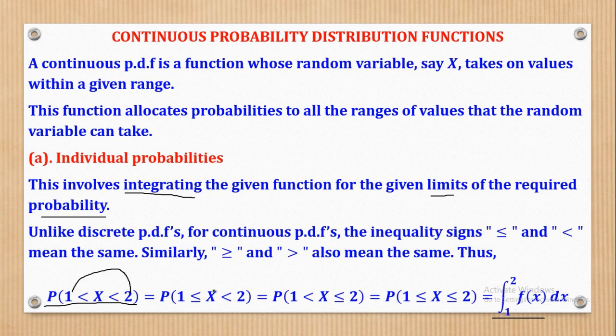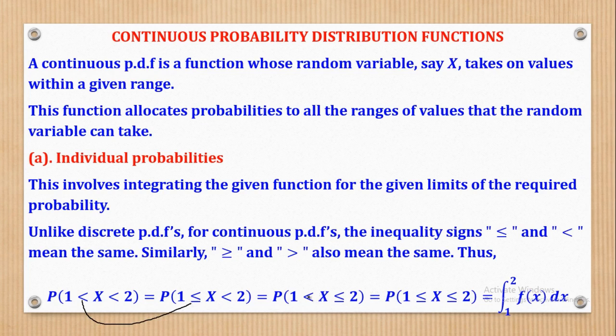Similarly, for x greater than or equal to 1 but less than 2, you still integrate from 1 up to 2, because for continuous, these two symbols mean the same.